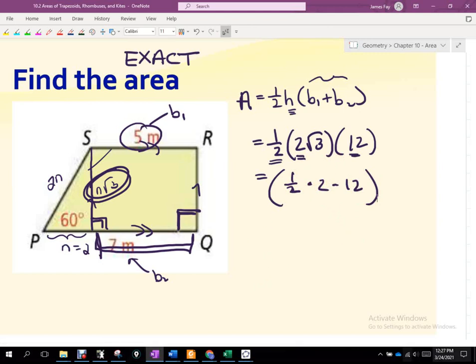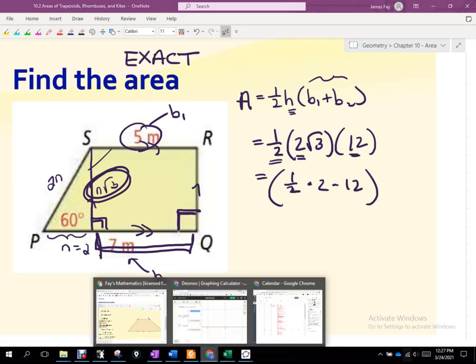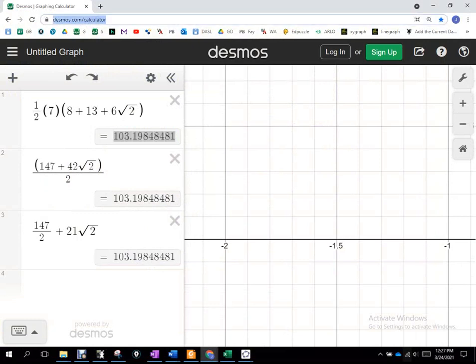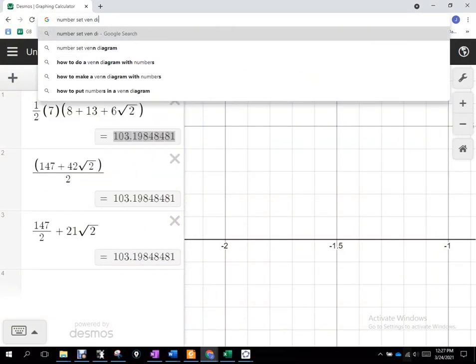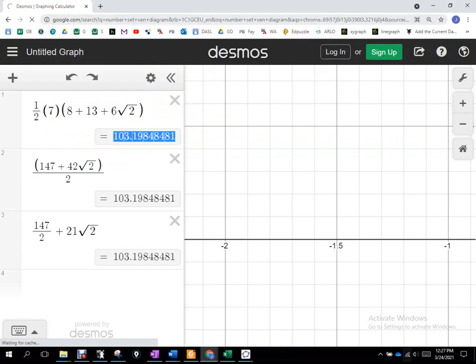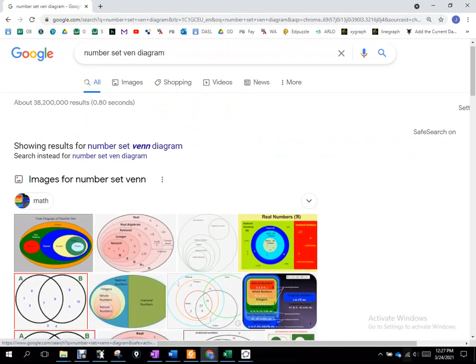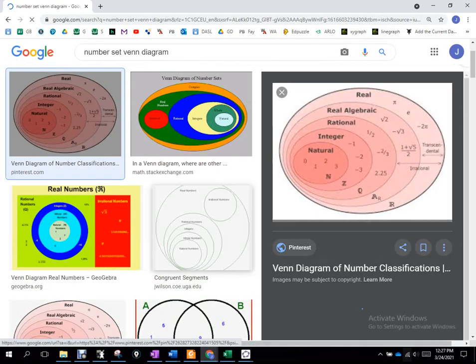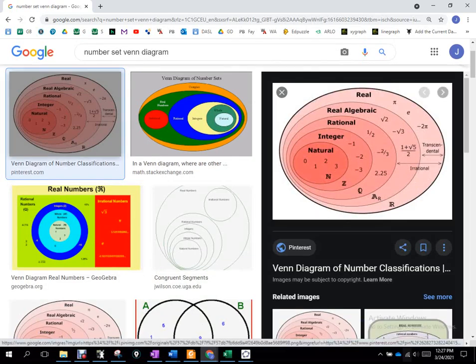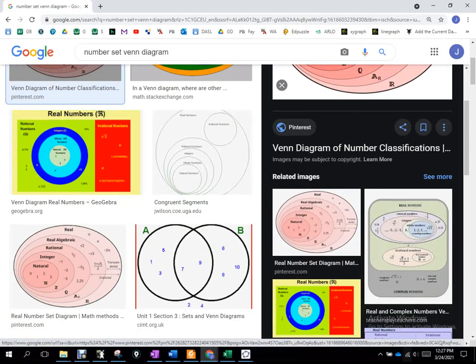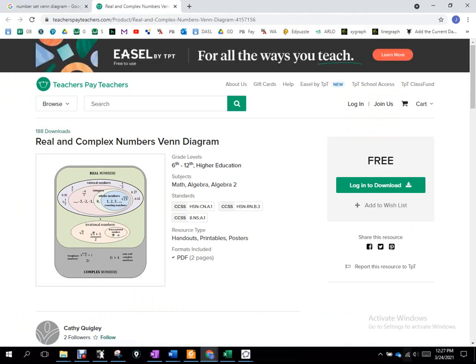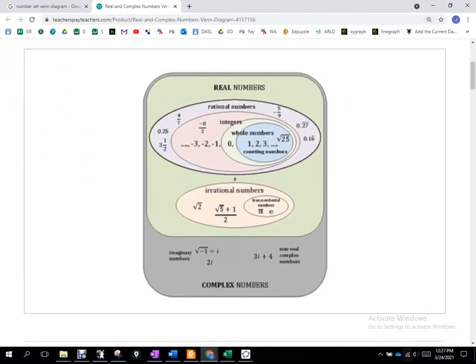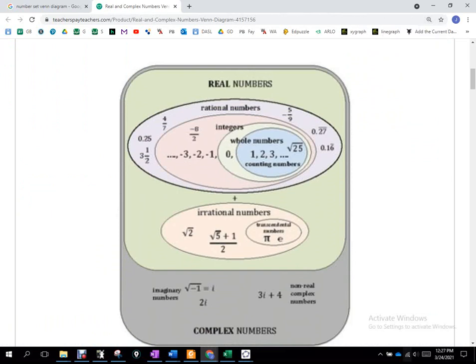Okay, if I show you, let's see here. All right, so this is our Venn diagram of our real number line.